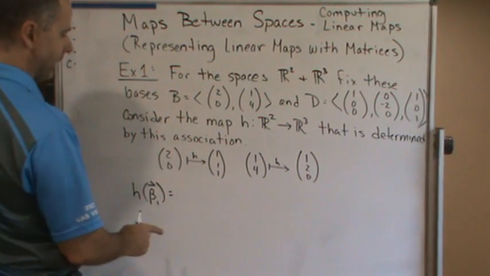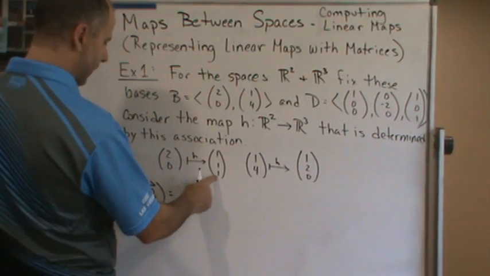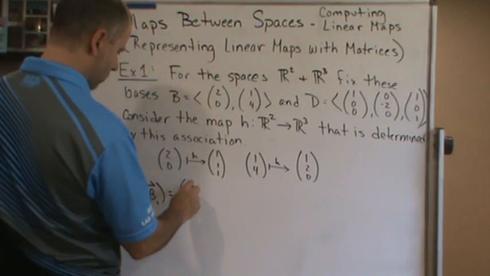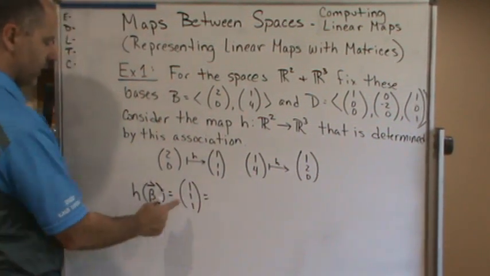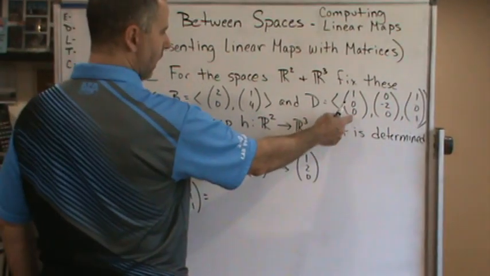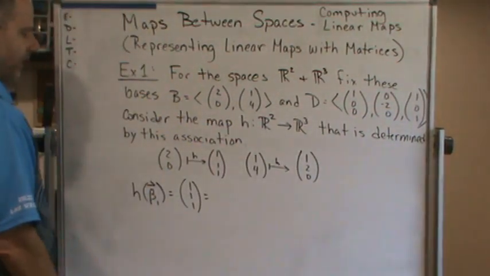Okay, so what do we get? We get this. And so let's rewrite this as a linear combination of the basis vectors here.